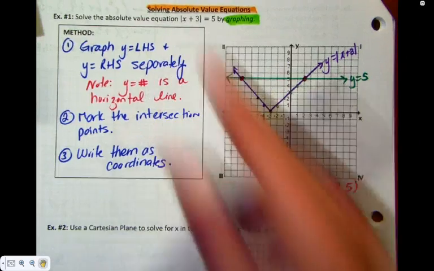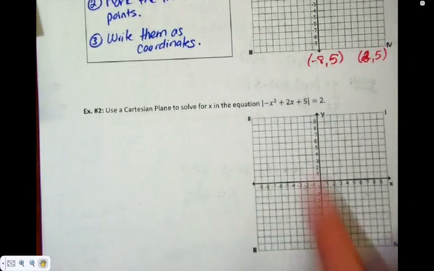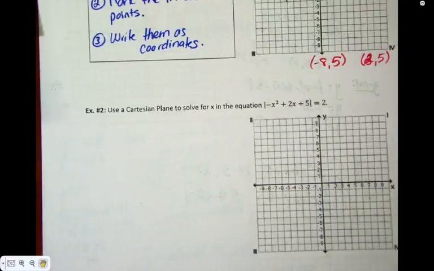So that was a linear absolute value. Here's the hardest they're going to get with quadratic. Again, we did this on Friday, so walk me through it.